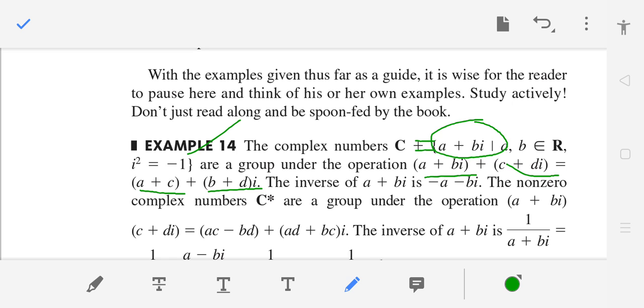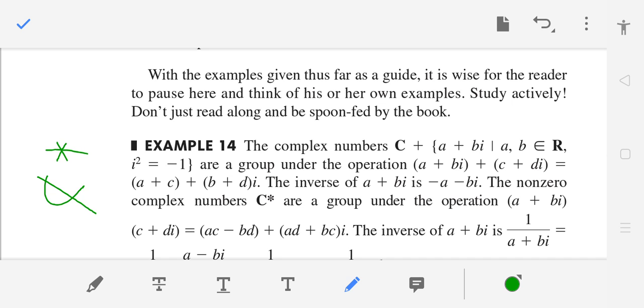If a plus bi plus c plus di is 0, then c is minus a and d is minus b. So C plus is a group under addition.